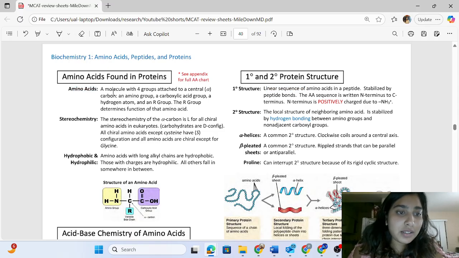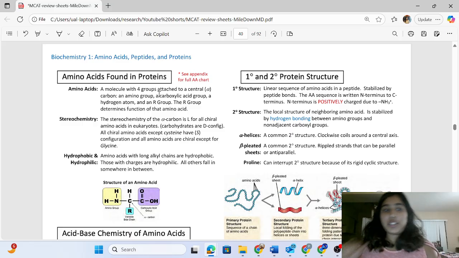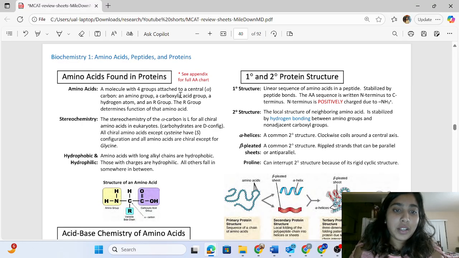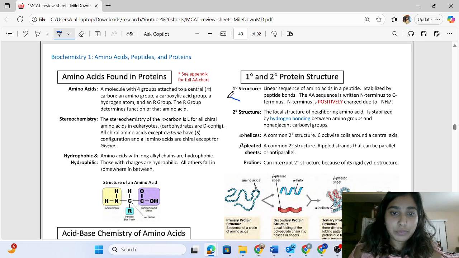An amino acid is a molecule which has four groups attached to it. Like I can draw. So this is a carbon, and then one will be the acid side of it, which is C double bond OH.